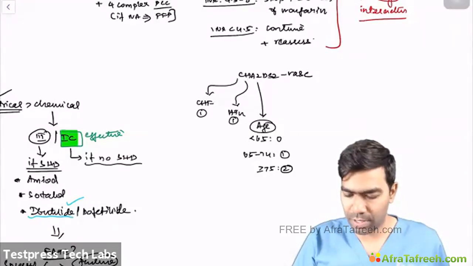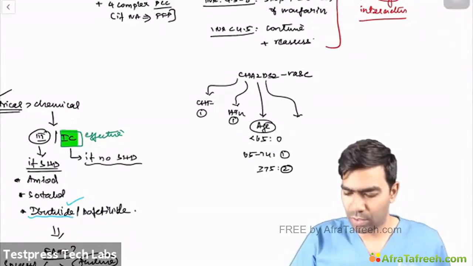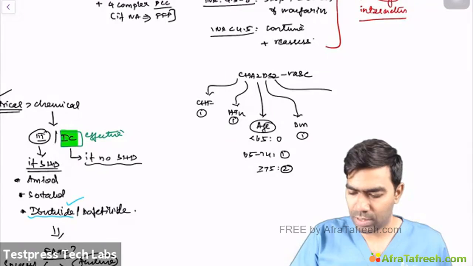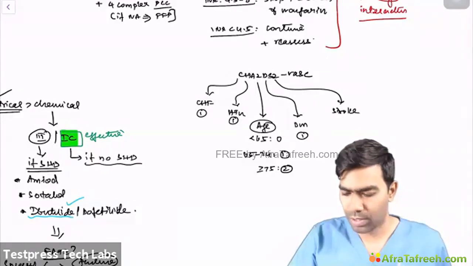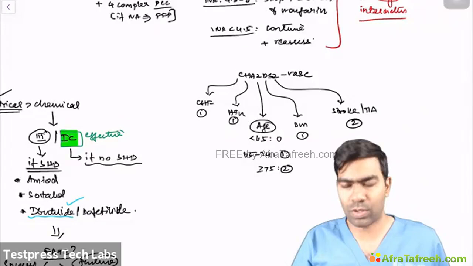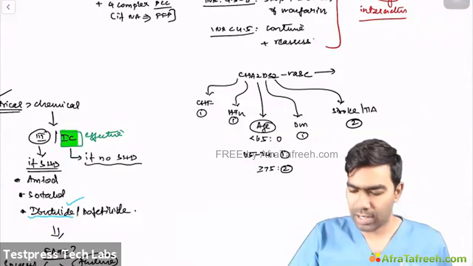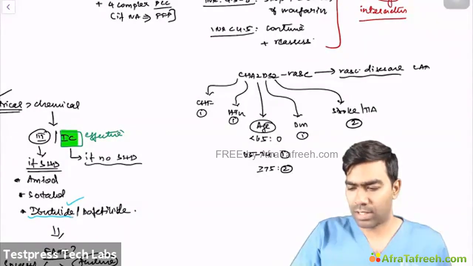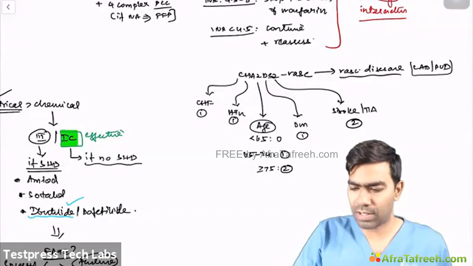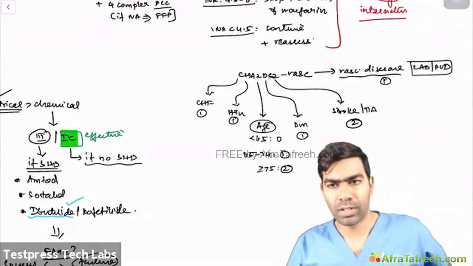CHF is 1 point, hypertension 1 point, and D stands for diabetes mellitus, which carries 1 point. And S2 means stroke and TIA, which carries 2 points. That's why it's called CHA2DS2. And if the patient has any other vascular disease, like coronary artery disease or peripheral vascular disease, that carries another 1 point.